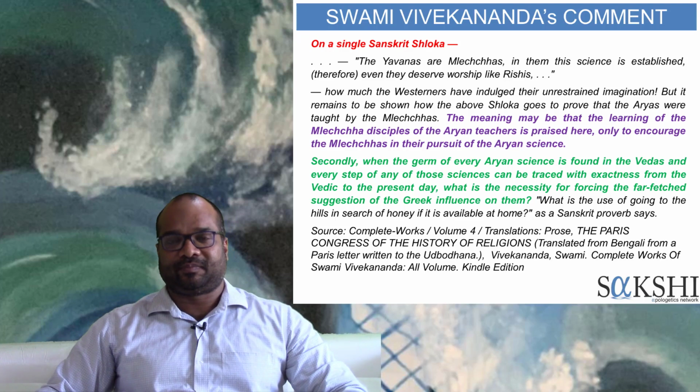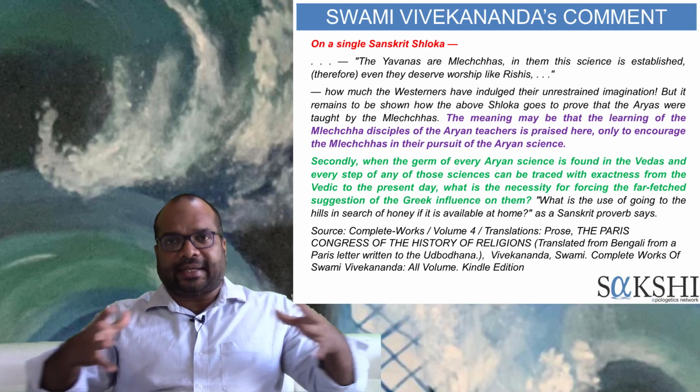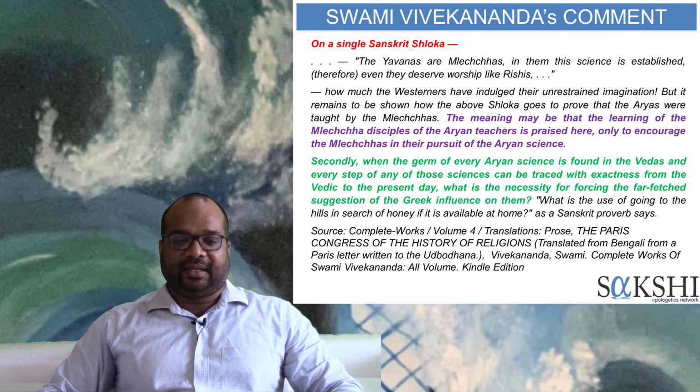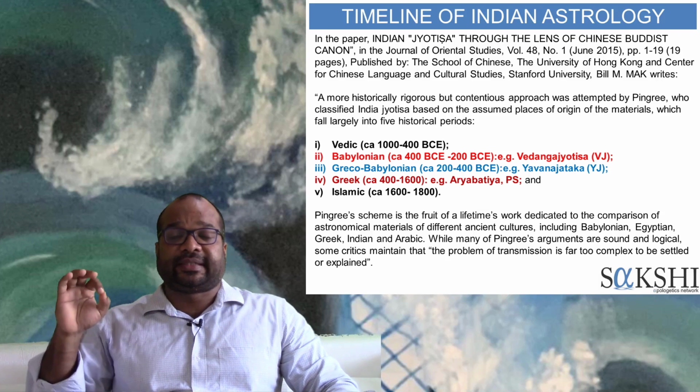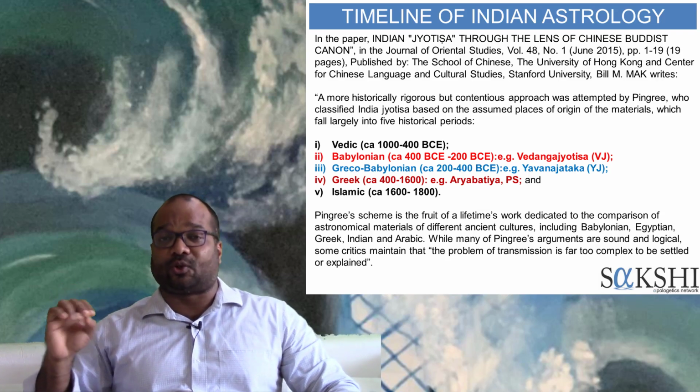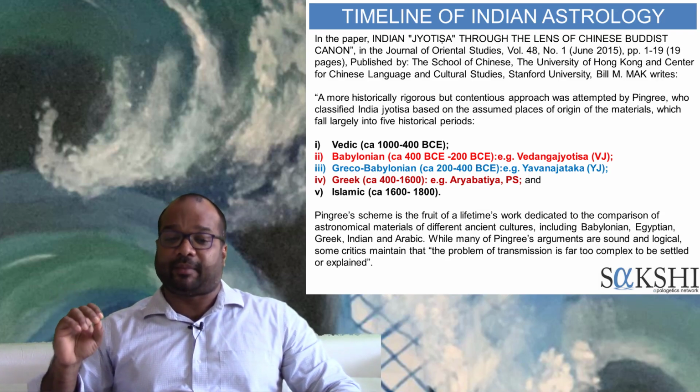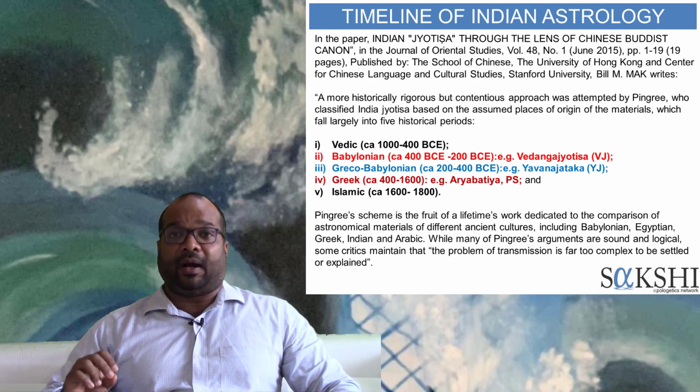examine this. We will look at it in a chronological way. David Pingree, who lived from 1933 to 2005, was a professor of mathematics and classics at Brown University. His specialization was astrology, cross-cultural transmission, mathematics and more.